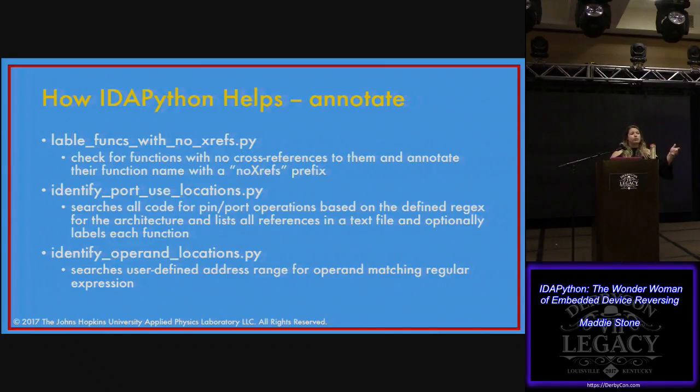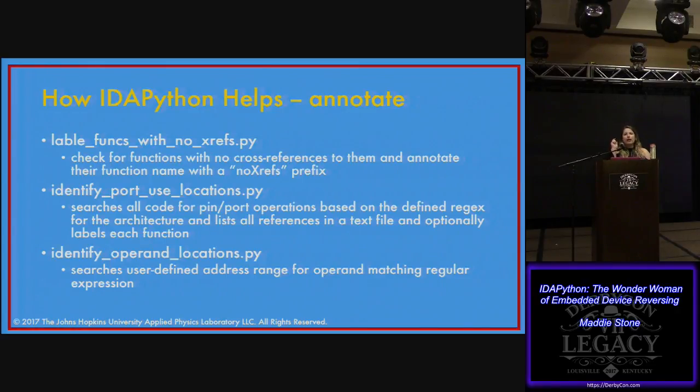It will list them in a CSV file, if you like to do processing and understanding that way, but it also gives you the option, as it runs in a dialog, to prefix each function with just that port number that it's interacting with. So we'll see it in the demo, but that really helps to understand and be like, cool, this is the one that's actually reading and writing this port right here.